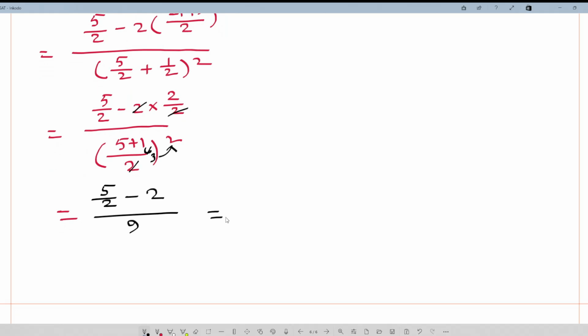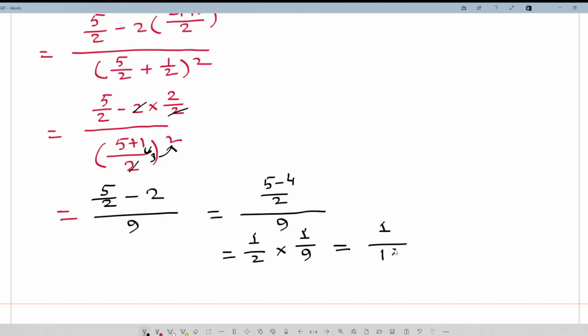Now here is again LCM, which is 2, so 5 minus 4 divide 9, so now 5 minus 4 it means 1 divide 2 times this 9 will become the denominator, so our answer is 1 divide 18. Okay, done.